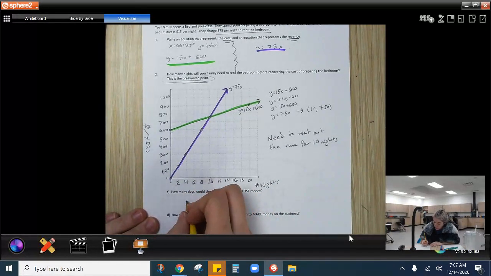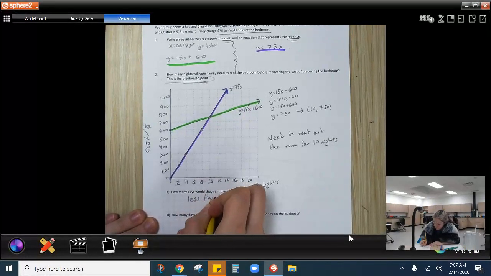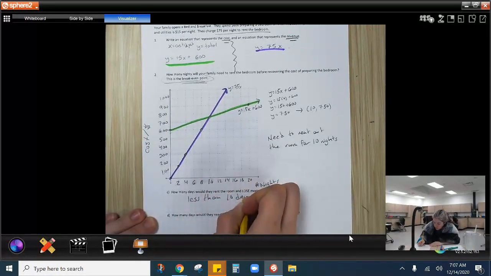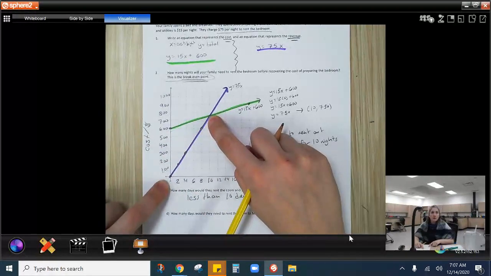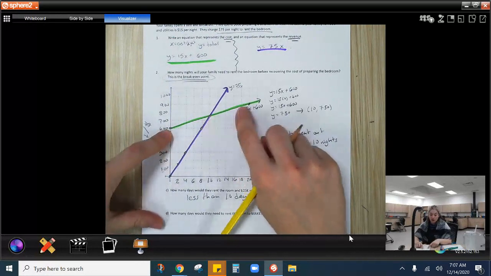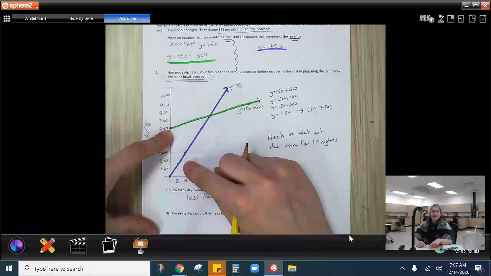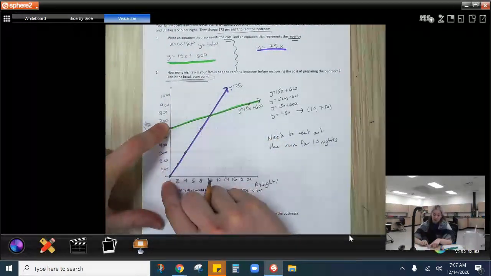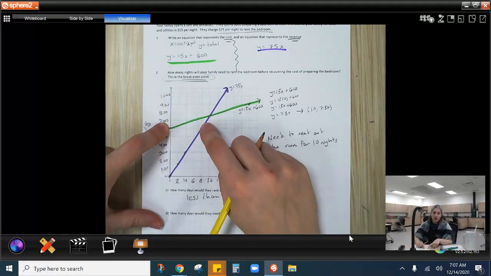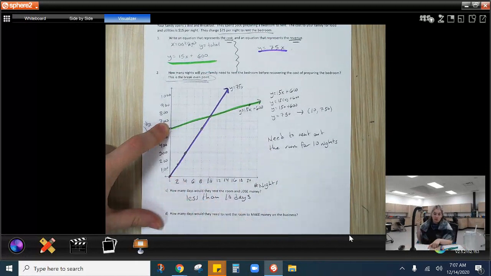So that would be less than 10 days. If it's anywhere in here, right, our purple line is lower than, so that means the money that we've earned is always going to be less than the money that we've spent. So anywhere from 0 to 9 days, right, anything less than 10, we've lost money.